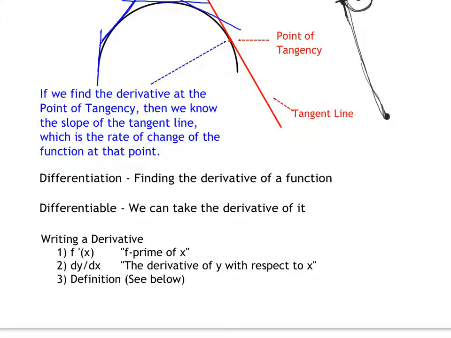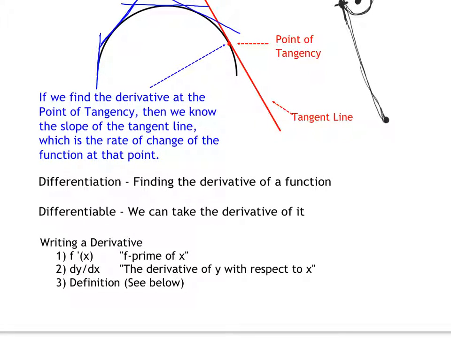And then you also have this notation here, dy dx. And you'd write it as a fraction, really, dy dx, if you know what y is. If you have some other random function that isn't necessarily named, you could also use notation like this: the derivative with respect to x of the function, say, x squared plus 3x minus 5.